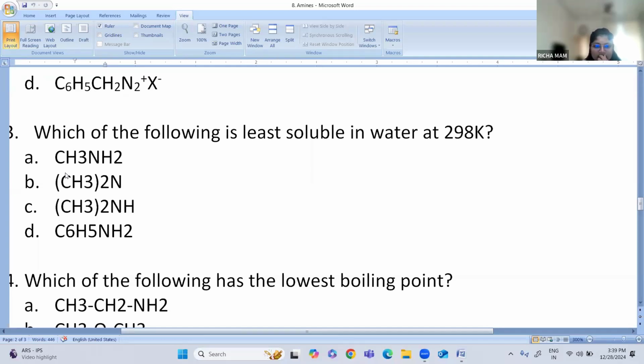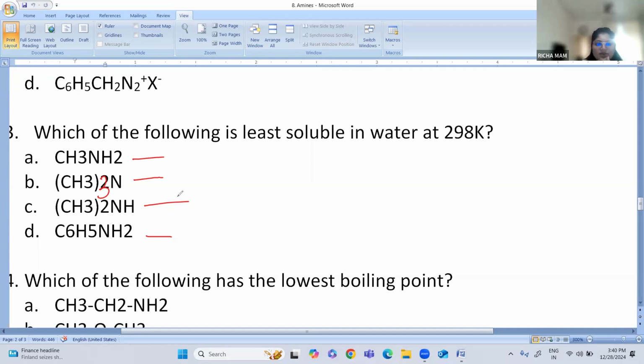Methylamine, dimethylamine, option B is trimethylamine, CH3NH2 methylamine, trimethylamine, dimethylamine, and aniline. So, which is the least soluble?